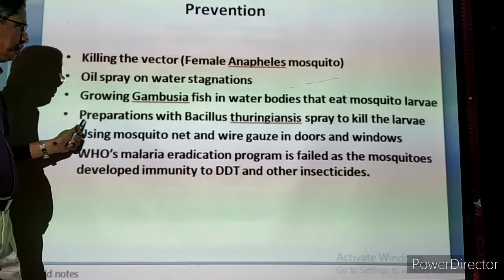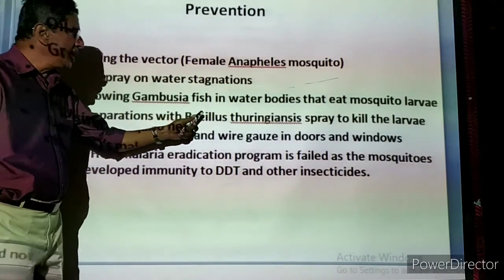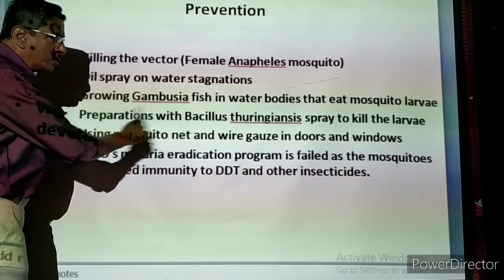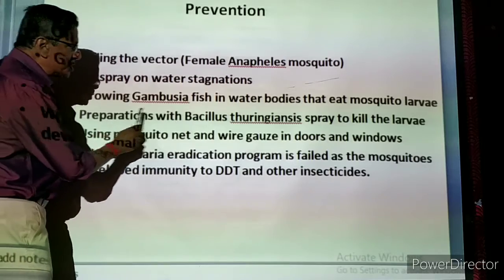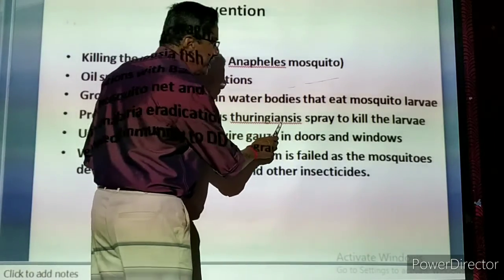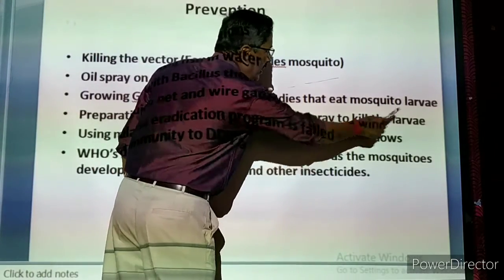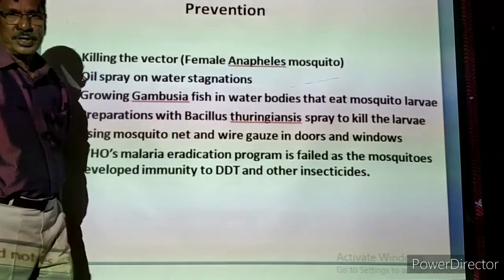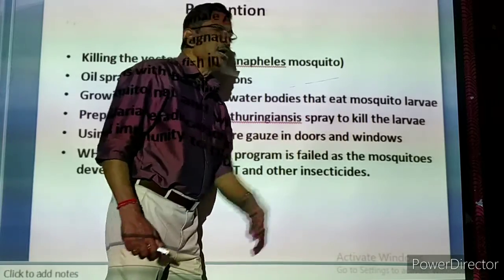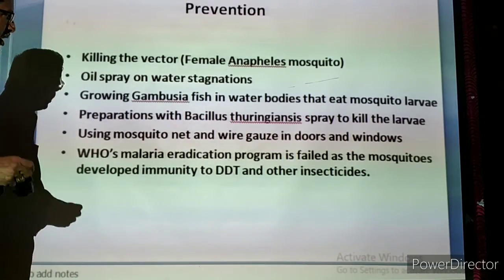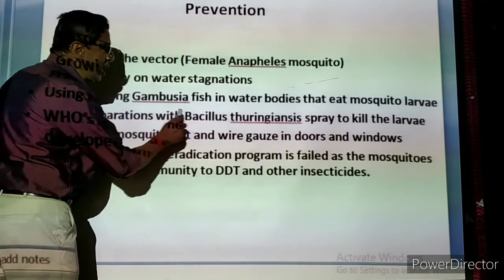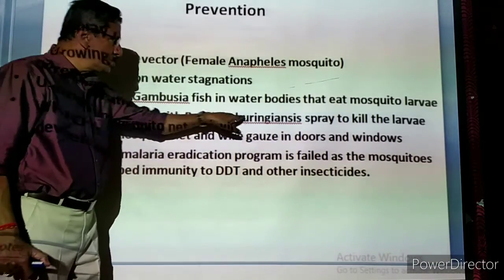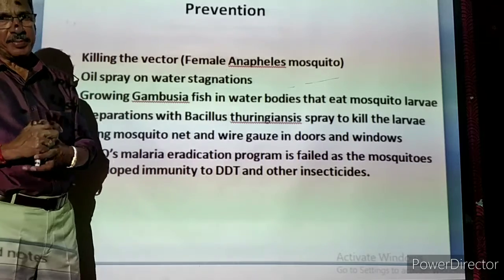Then the next, preparations with Bacillus thuringiensis. I'll read out the point, after that I'll explain. Preparations with Bacillus thuringiensis spray to kill the larvae. That means one more liquid spray we have to prepare to kill the mosquito larvae. That liquid should be prepared along with Bacillus thuringiensis, which is a type of bacteria.